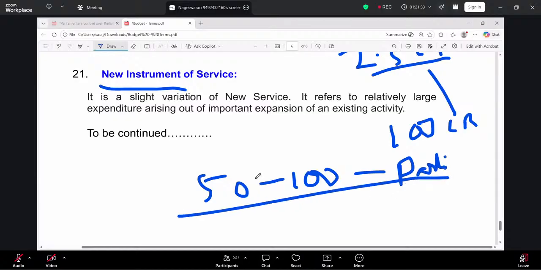Below 50 crores you need not inform the Parliament. Why the 50 crores limit? Because it is the pink book value. Remember, for 50 to 100 crores you have to inform the Parliament. But beyond 100 crores, you have to draw only from the contingency fund. Up to 100 crores you can use the consolidated fund. Okay.